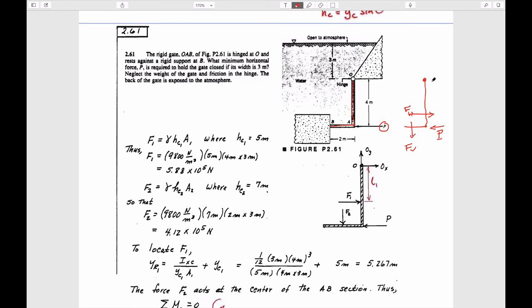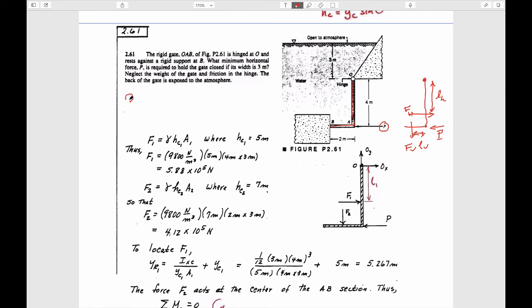If you can find the lever arms of this, LH, LV, and you know this one, you can write moments.